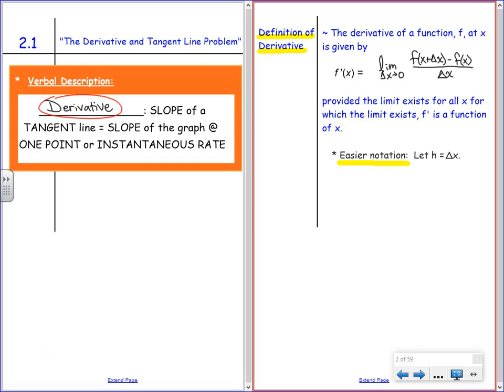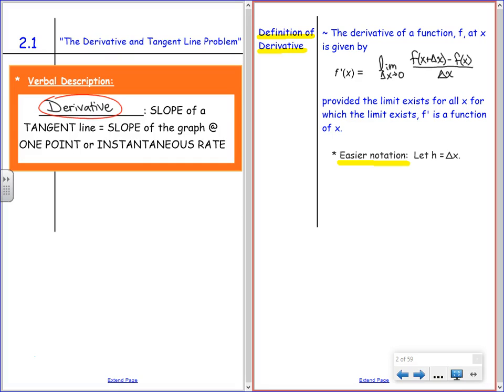We have to keep it able to be applied for whatever points are being used. And remember, we didn't want to be restricted to having to draw all these different lines and find all their different slopes the long way and then see what it's approaching. There's an easier way. And the first way to summarize that is with a limit.